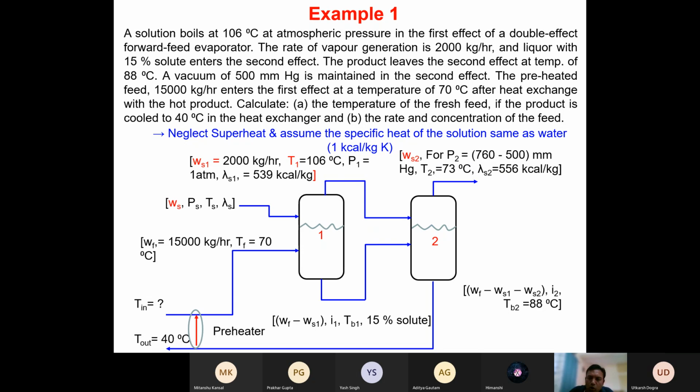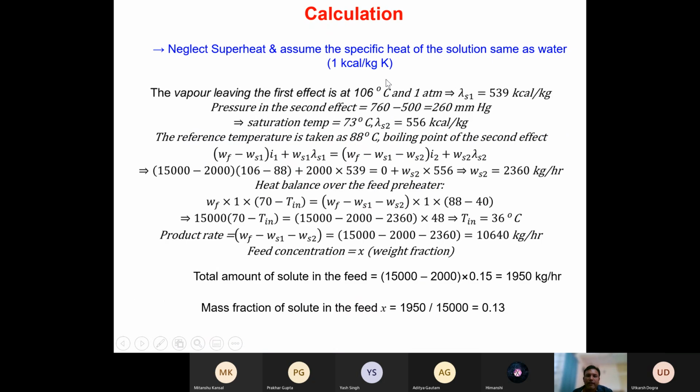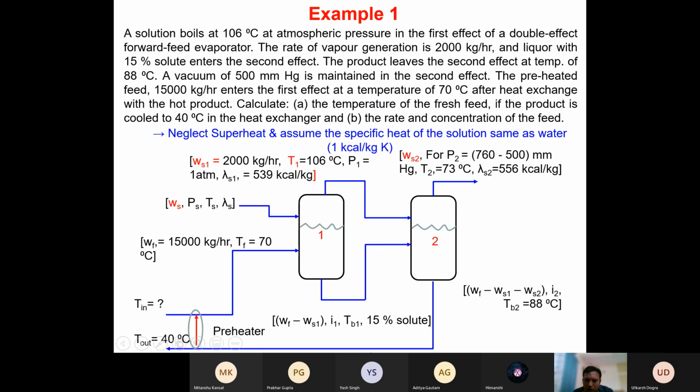Now this information is known, correct? Now let's make the balance for the second effect. The vapor leaving the first effect is at 106 and 1 atmosphere, so we get lambda S1 like this. Also the pressure in the second effect is 260 mmHg, so the saturation temperature comes around 73, so lambda S2 we have also found out. Now make the balance at the second effect. So for the second effect, what will the balance be?